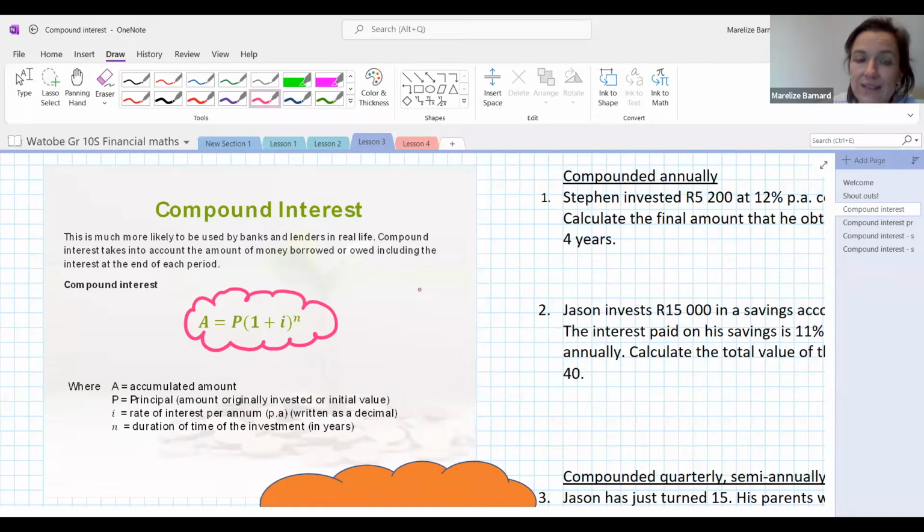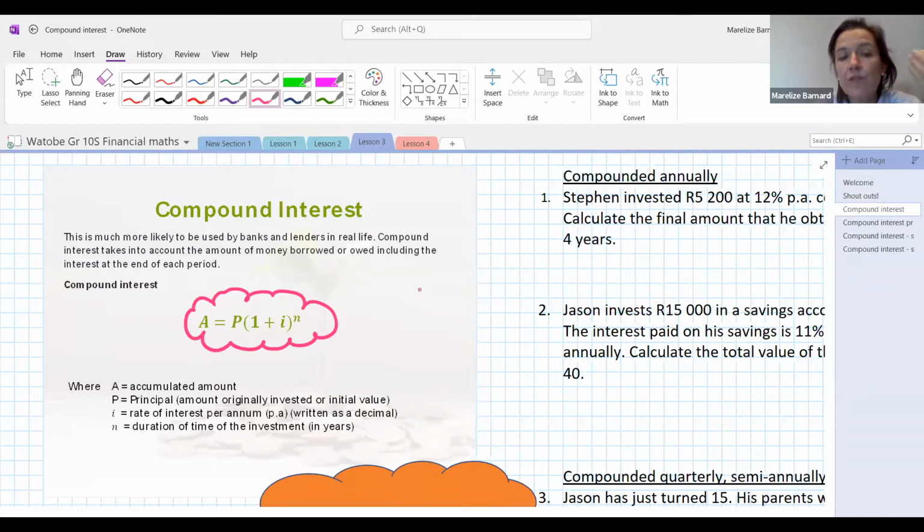It's what you have at the end of the time period. And then P is the principal amount. That is what you put away, and that's what you start off with. I is your interest rate. And then N, in this case, has to do with how many times you earn interest.